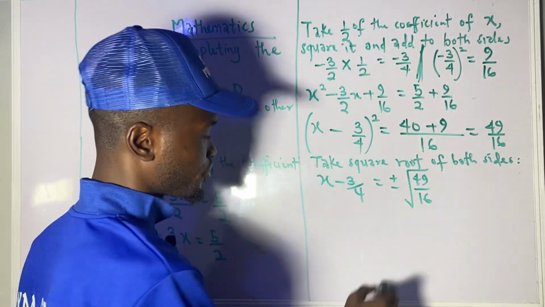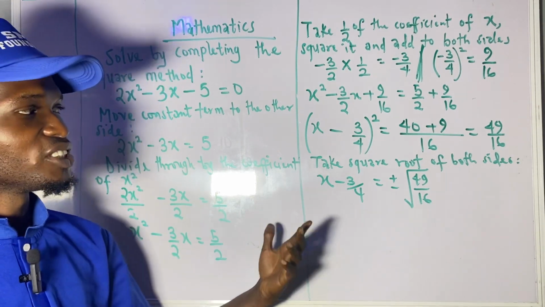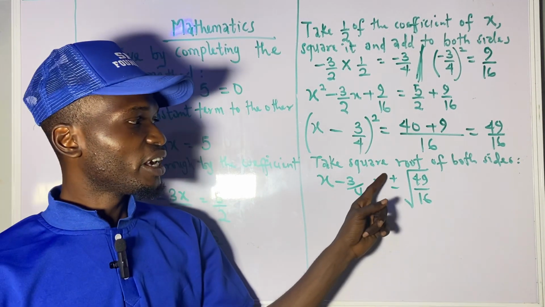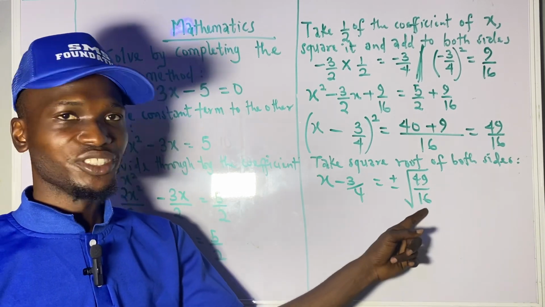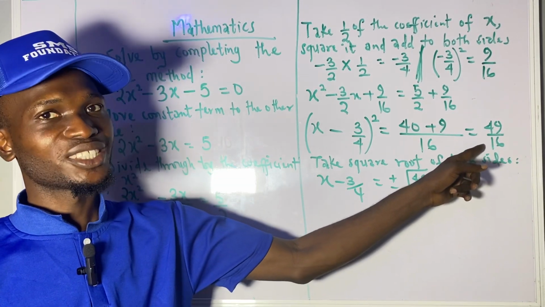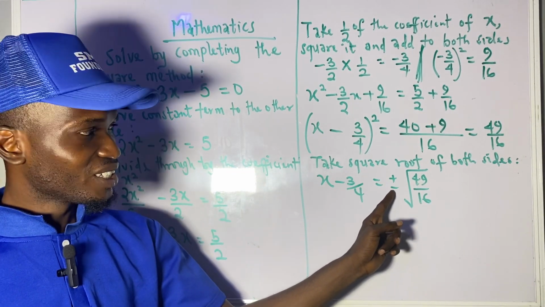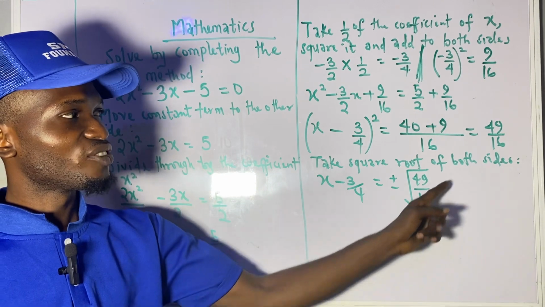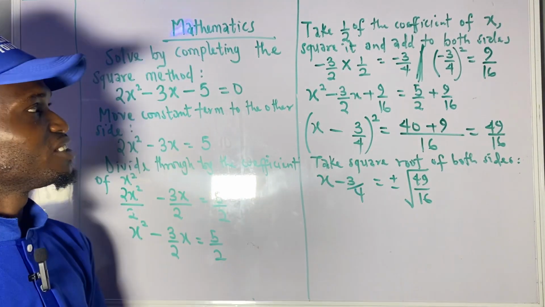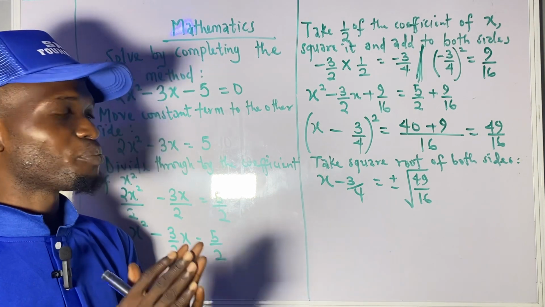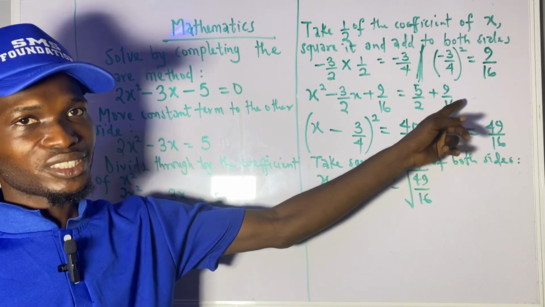Some people will ask, why are we putting plus or minus? Because whether the positive or the negative value of the square root of 49 over 16, it will still give us 49 over 16. If you take the square of a positive number, you get a positive number.